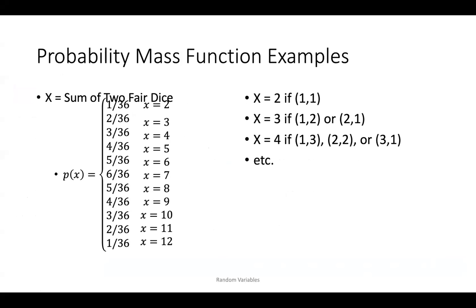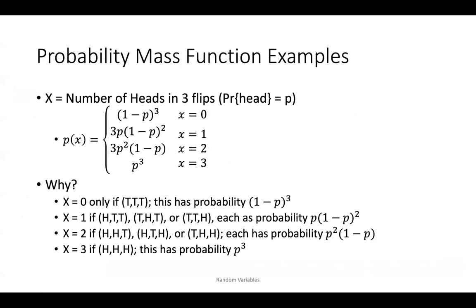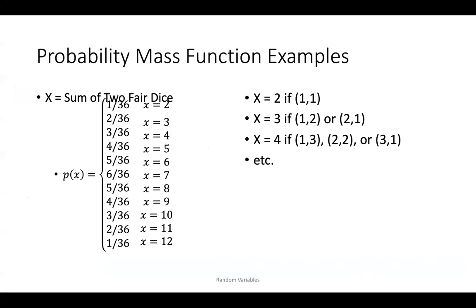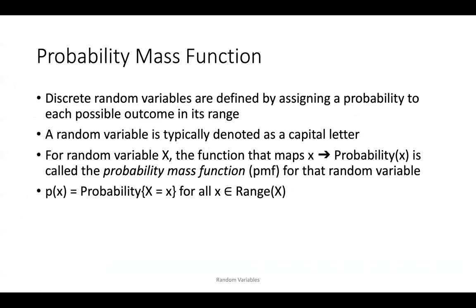Okay, so as I recall, we made it at least somewhere to here. Just to review, for discrete random variables, one of the key elements that help define it is something called a probability mass function, or PMF.